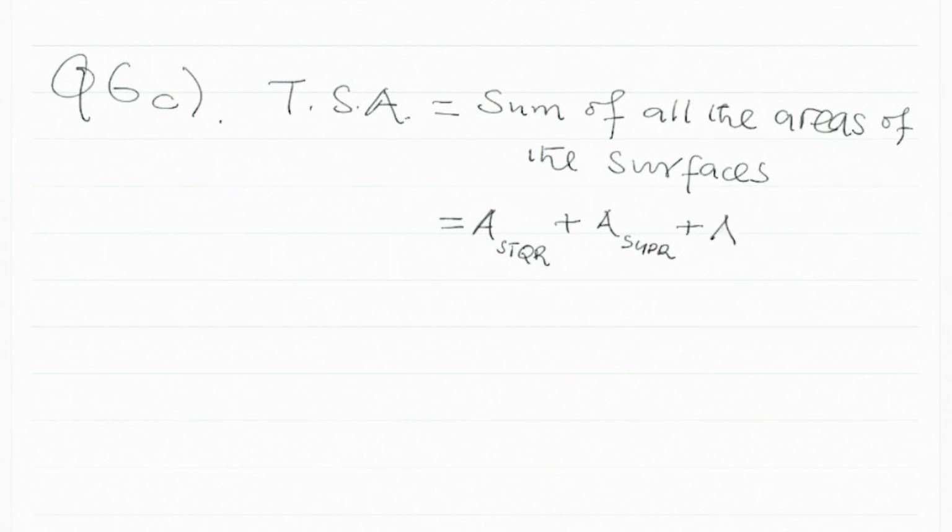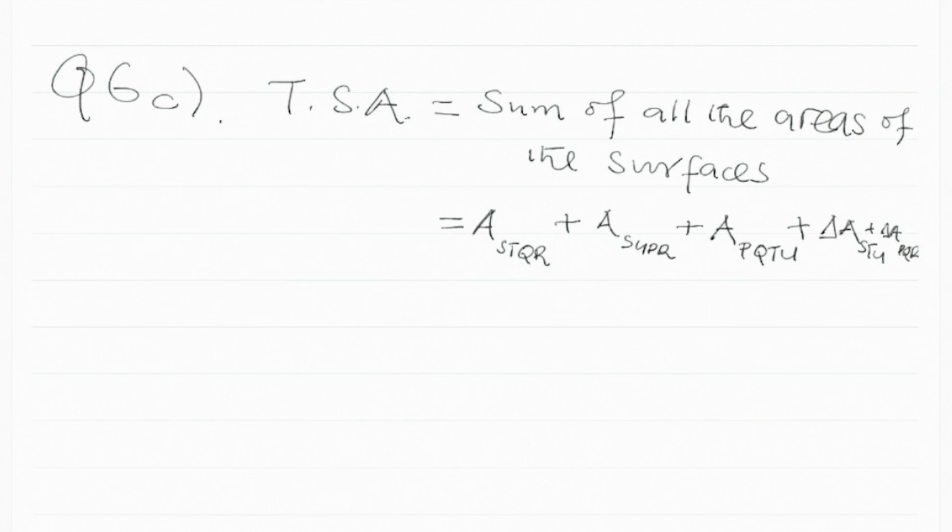Can you see it there? Yes, it is there. And then we have also triangles: the area of triangle STU plus also the area of triangle PQR. There it is. So if you can find the areas of each of these surfaces, then you add them together. There is your answer, which is the total surface area.